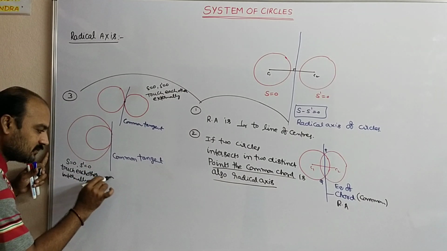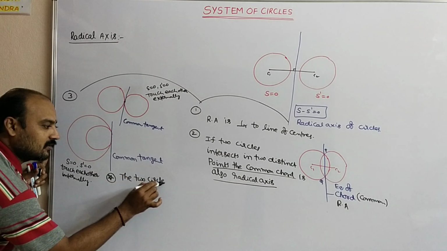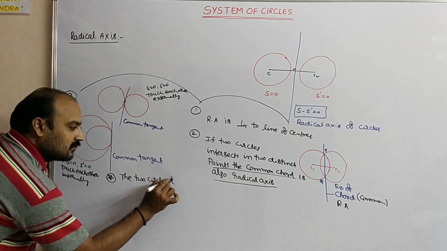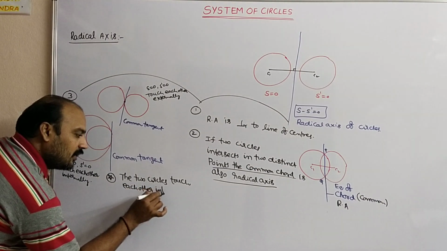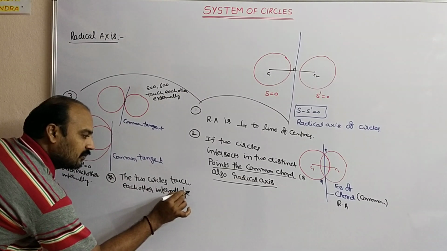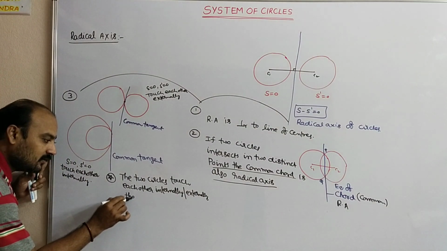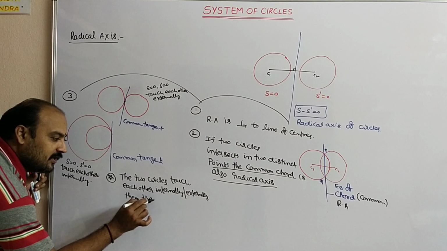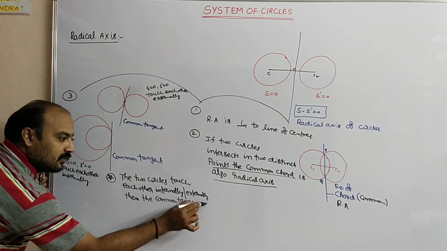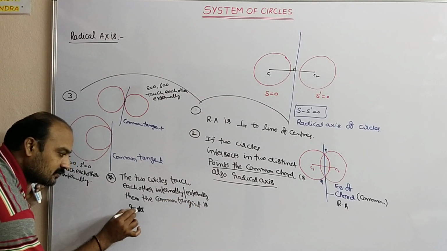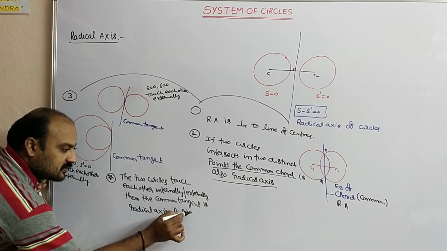The point you have to write is: if the two circles touch each other internally or externally, then the common tangent is the radical axis of the given circles.